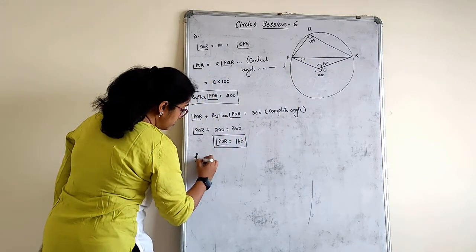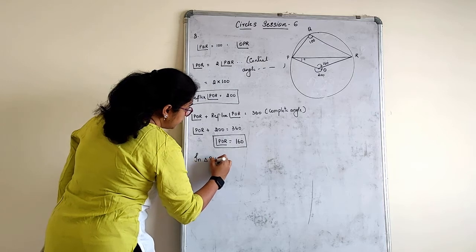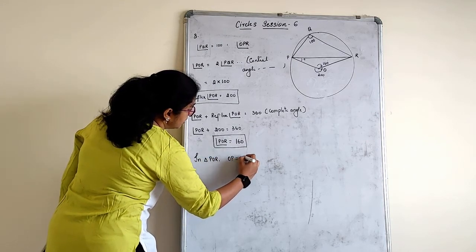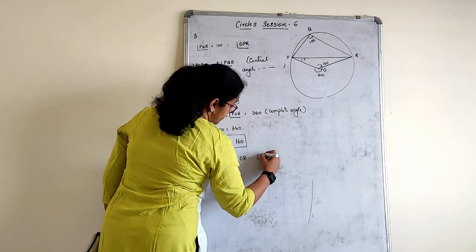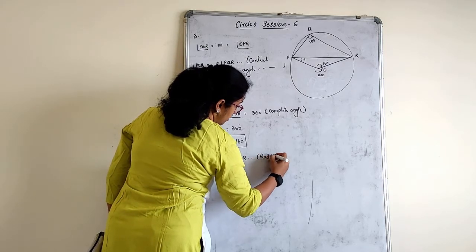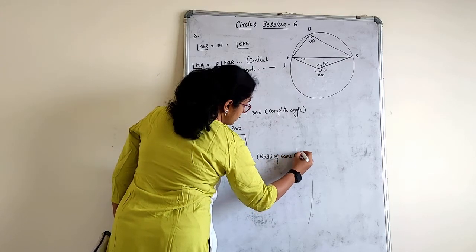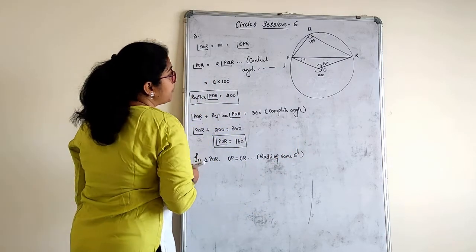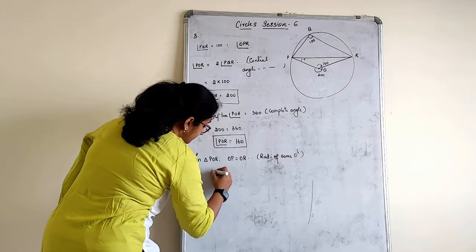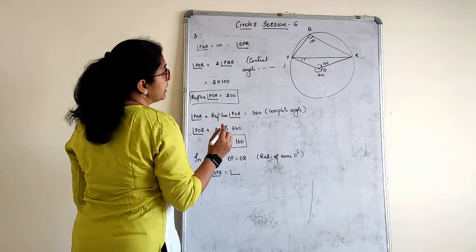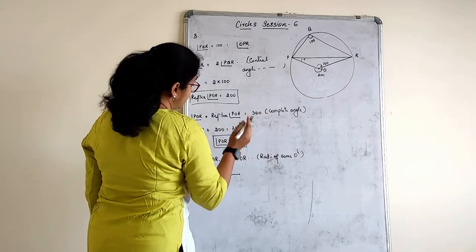That's because in triangle POR, can I tell OP is equal to OR? Radii of the same circle. So angle OPR is equal to angle ORP.